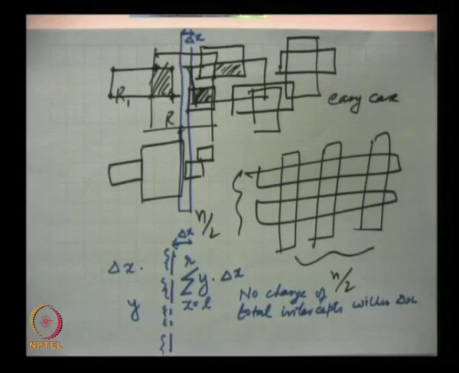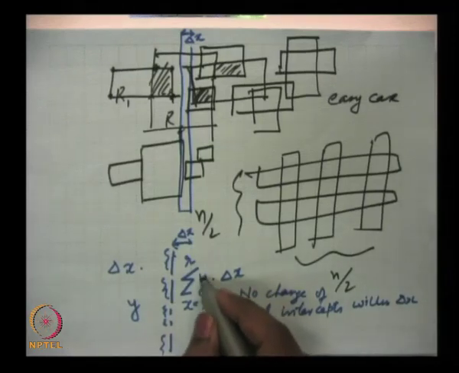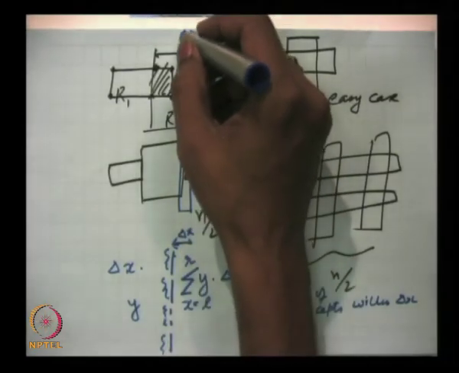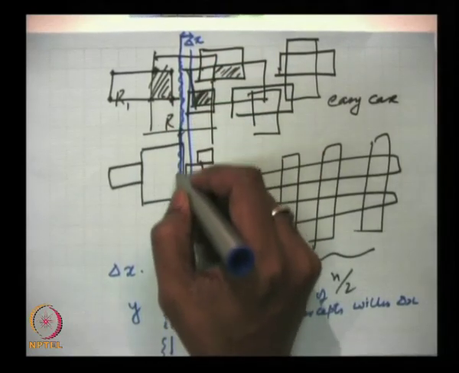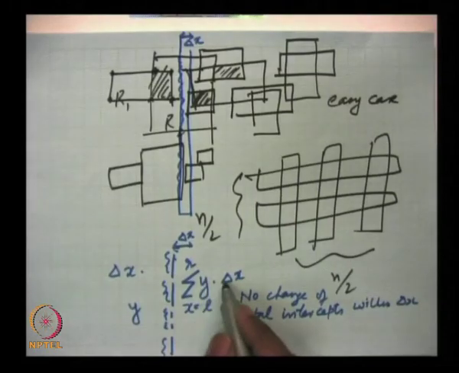So, this y multiplied by delta x, we can write this only if this y, which is the intercept of the rectangles, does not change. So, here in this line, the intercept is essentially this plus this. As we sweep past, we do not want this y to change.